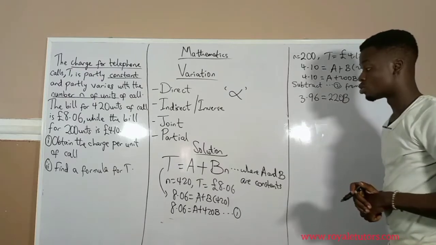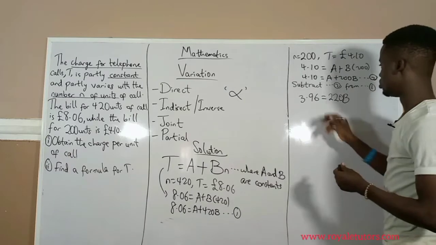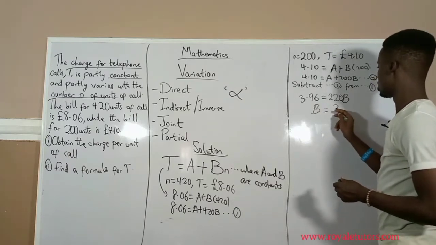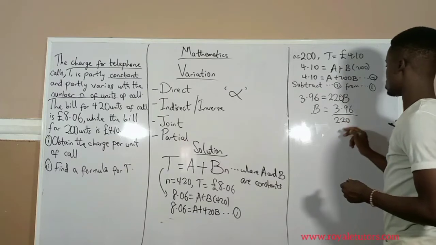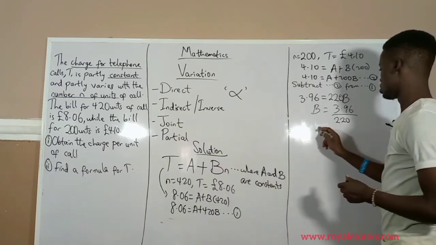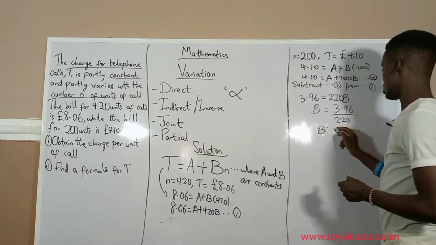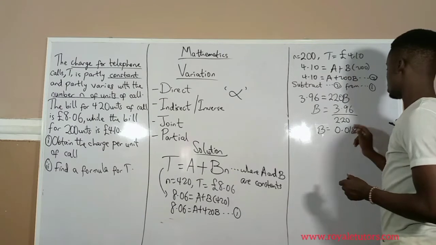Okay, it's going to be 220B. So you can find our B by saying 3.96 over 220, which is going to be 0.018.